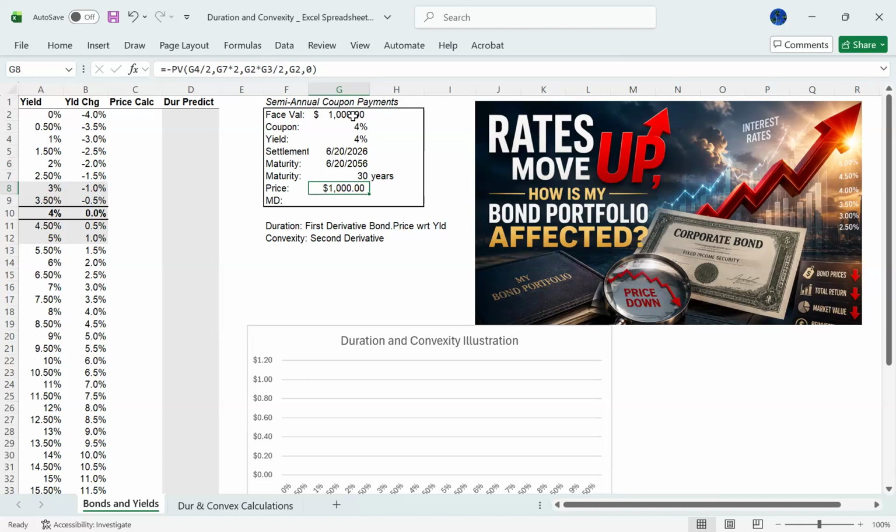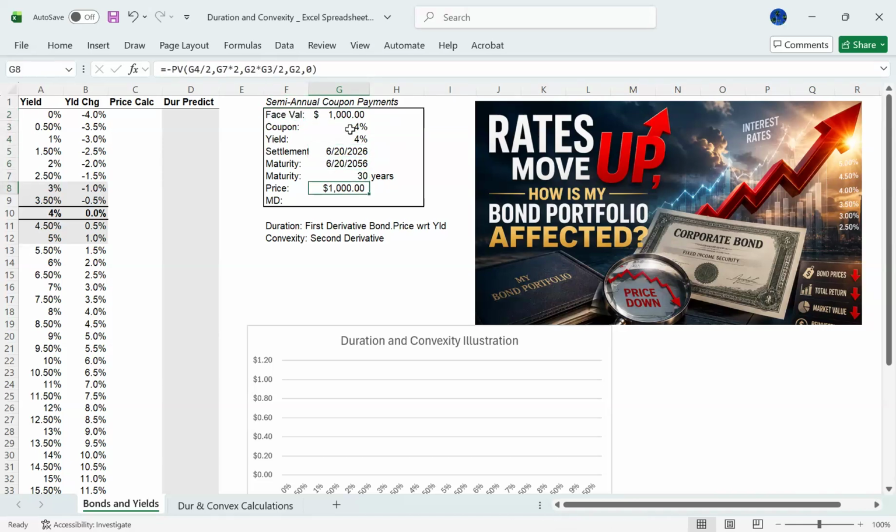A bond trades at par at origination, because when you issue a bond, you're going to issue it at market conditions. That means you are paying a coupon rate that matches the market rate, the yield. And it also happens at maturity, because at the time of redemption there are no more coupons left, and your bond essentially becomes a $1,000 quote unquote bill, right?